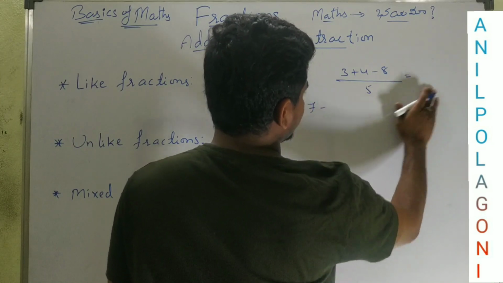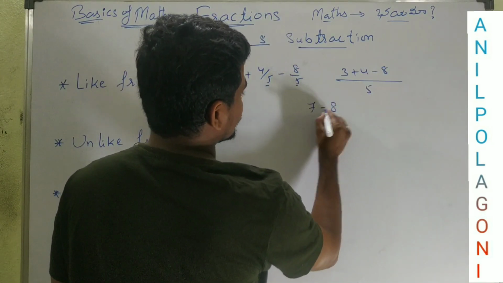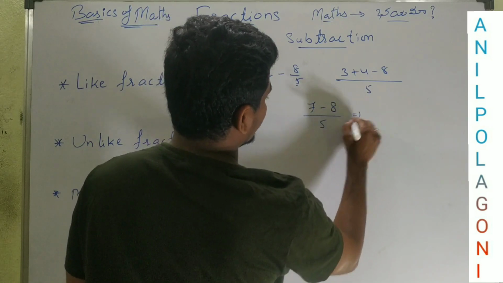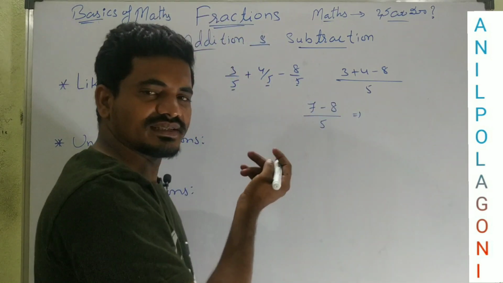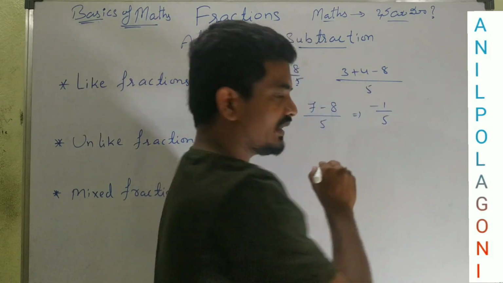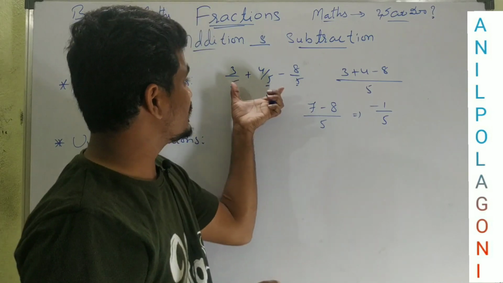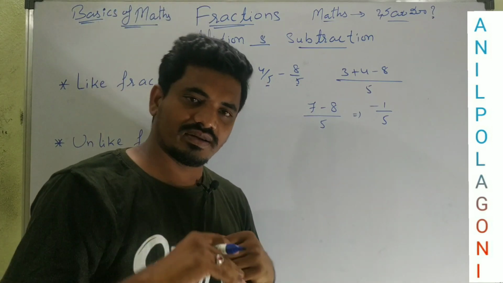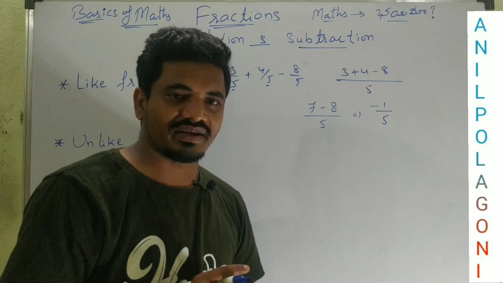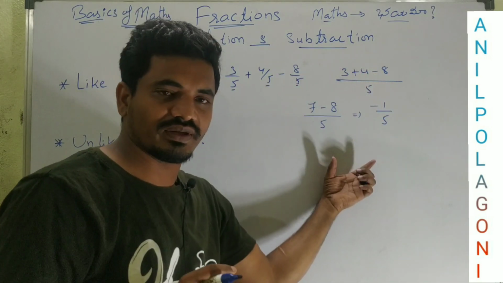We can write that as it is, 7, and 8 by 5. We know 7 minus 8 equals minus 1. Like that we can write the answer. So this is the addition or subtraction of like fractions. If they have the same denominator, we have to do it this way only.